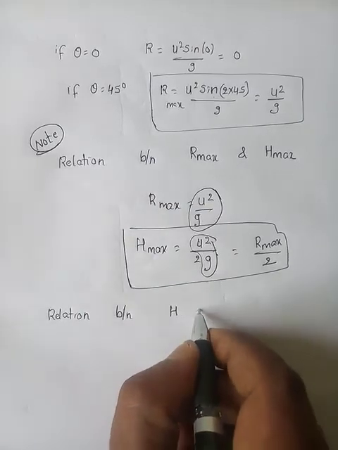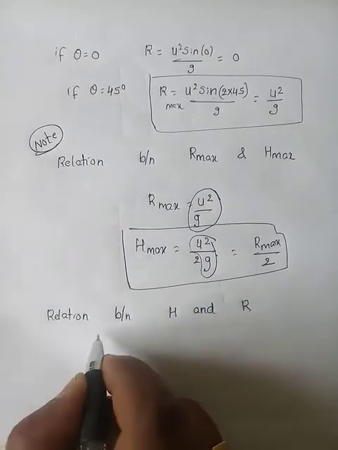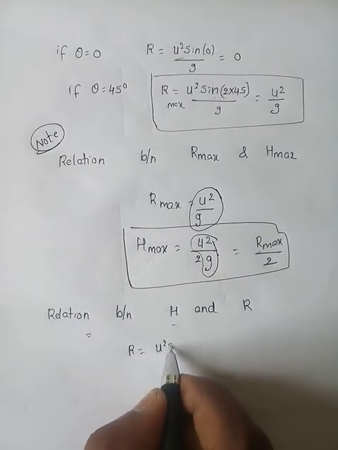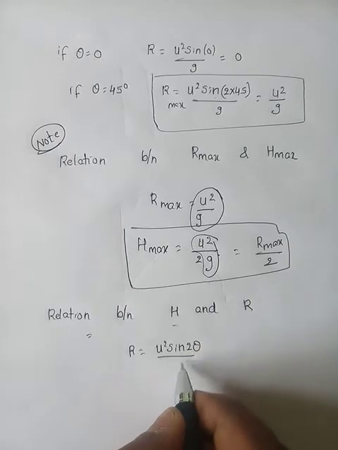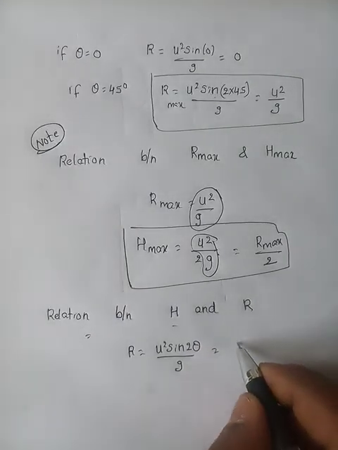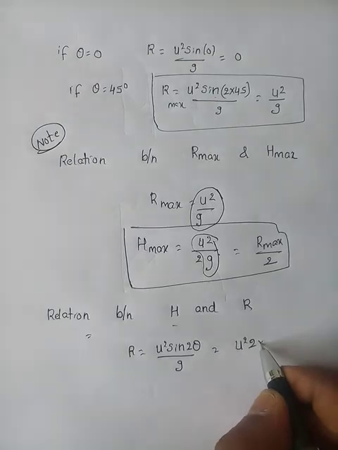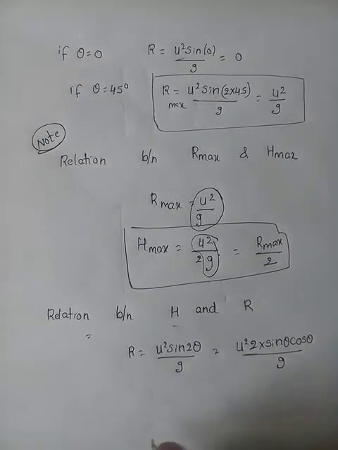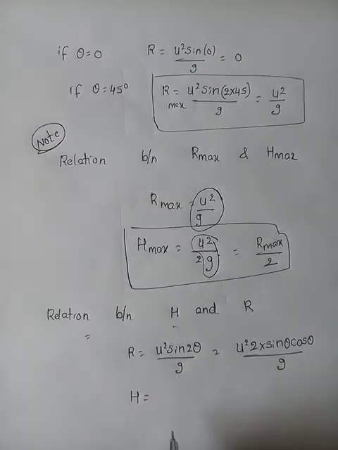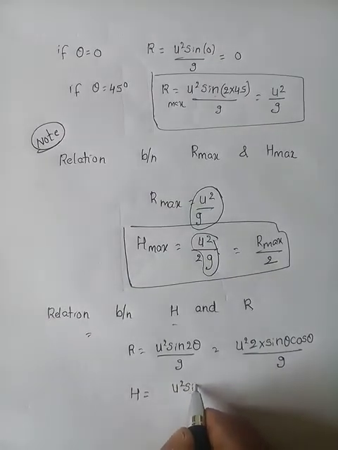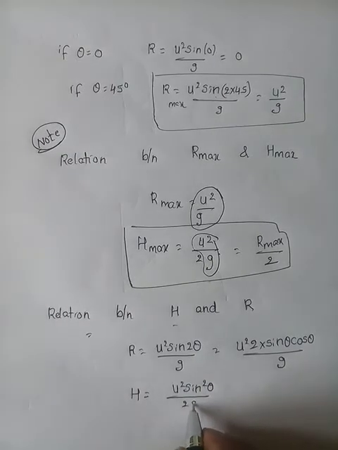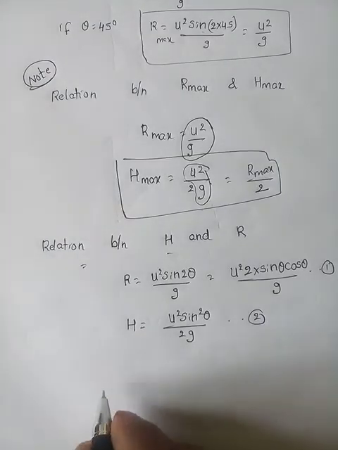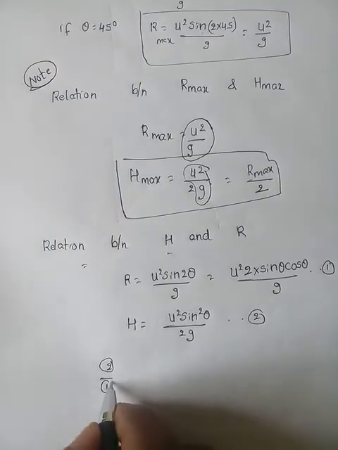There is one more relation, between H and R, not maximum height and maximum range. What is R? R is u square sin 2 theta by g. Expanding, u square into 2 sin theta into cos theta by g. Height is u square sin square theta by 2g. This is equation 1, this is equation 2. Divide 2 by 1.